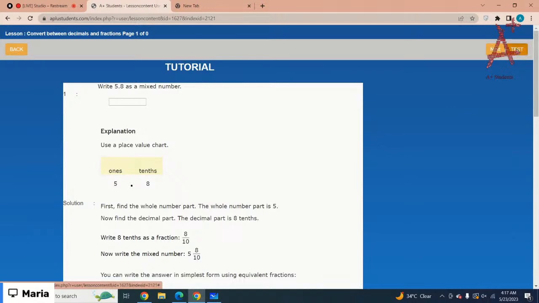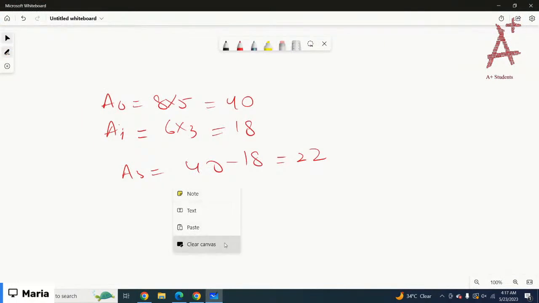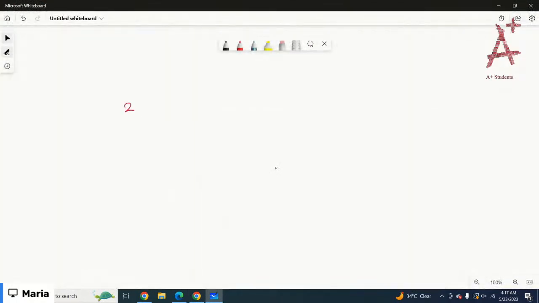Let's start with the test questions we can do. Okay. Write 3 whole 4 over 100 as a decimal number. So how do we write it as a decimal? 3 whole 4 over 100. That would be the whole number part, like this. Now you have 4 over 100. 4 over 100 means you have to move the decimal point two places left, so it would be 0.04. So after the decimal it would be 3.04.